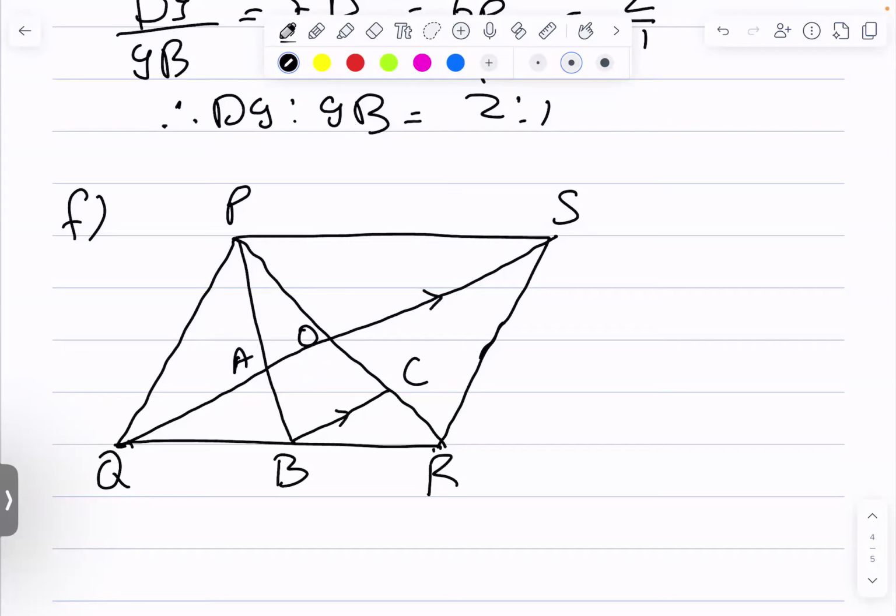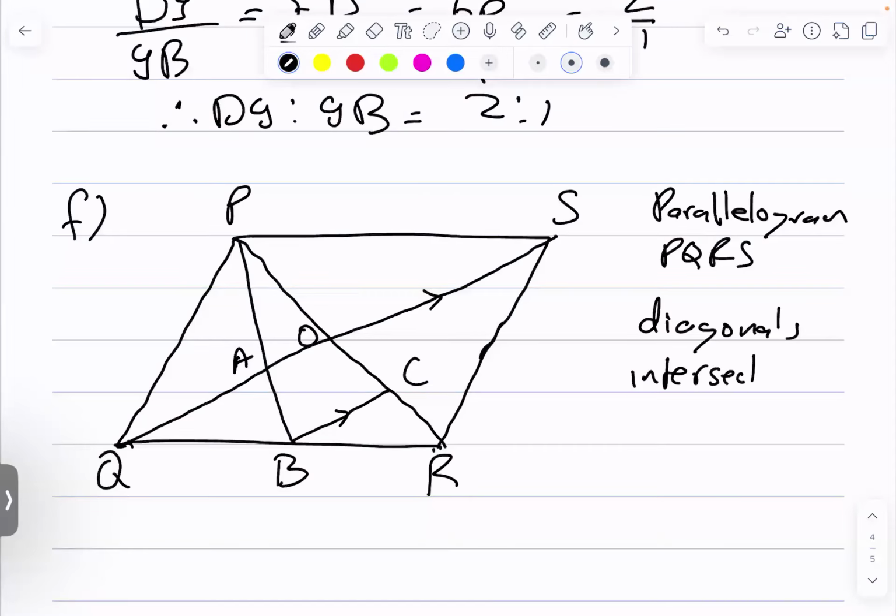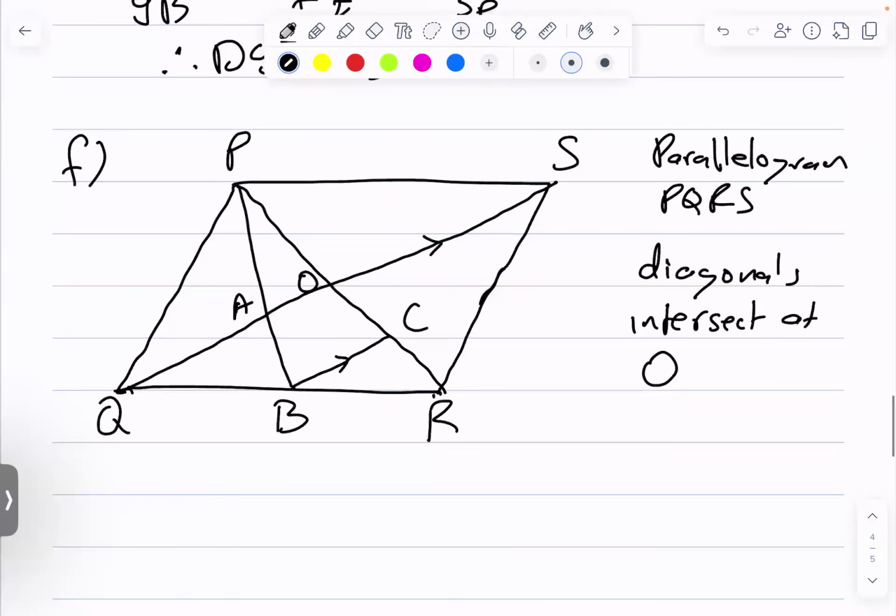All right, let's see what they gave us. Well, they told us that PQRS is a parallelogram. They told us that the diagonals intersect at O. They further told us that QS is parallel to BC.